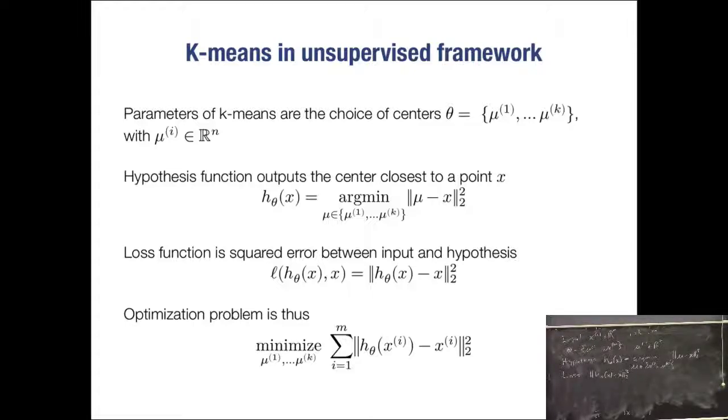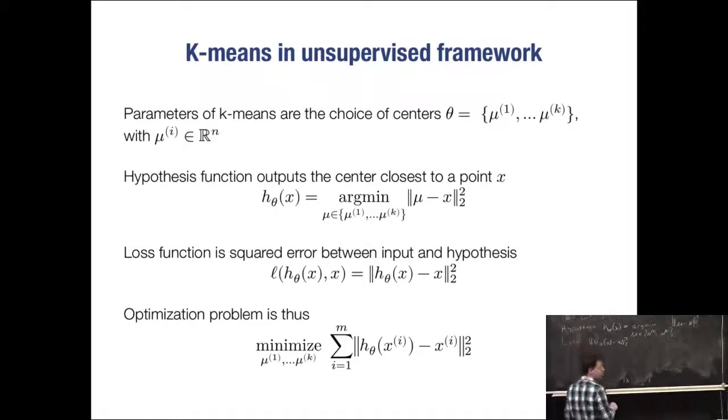Yeah? In the loss function, where are you varying to minimize your loss? Is that where you vary k? Right. So the question is, what are you varying to minimize your loss? So maybe I'll write it down here.